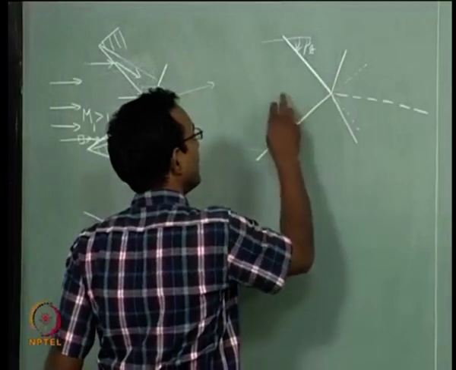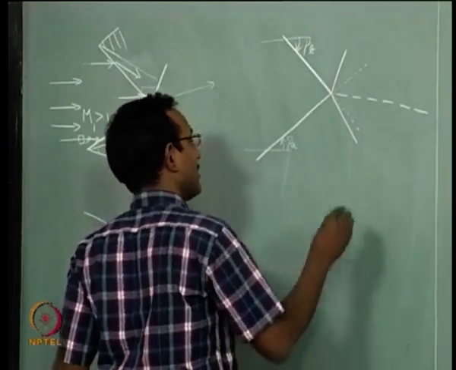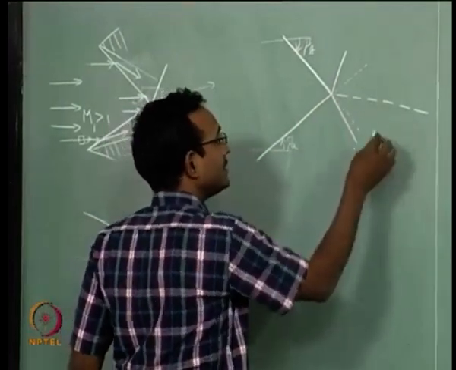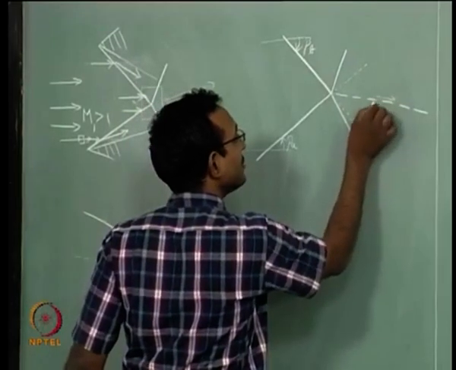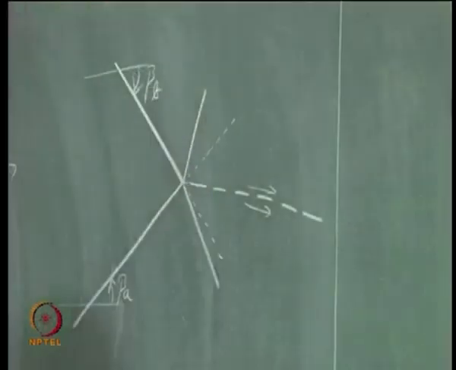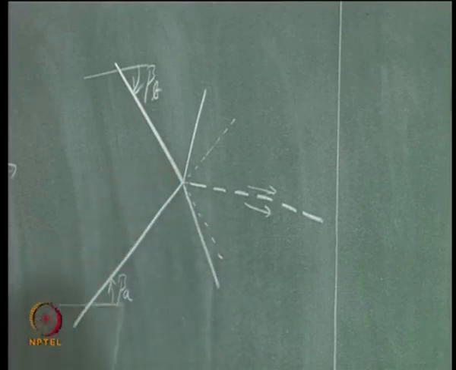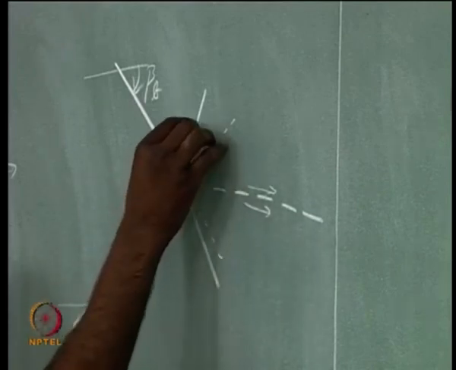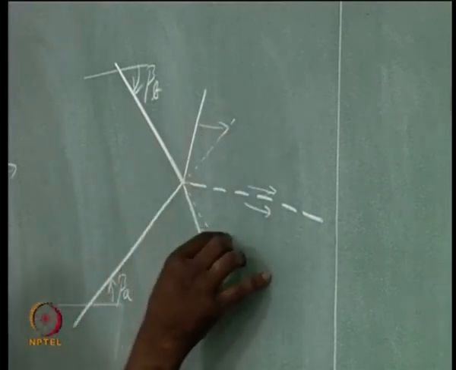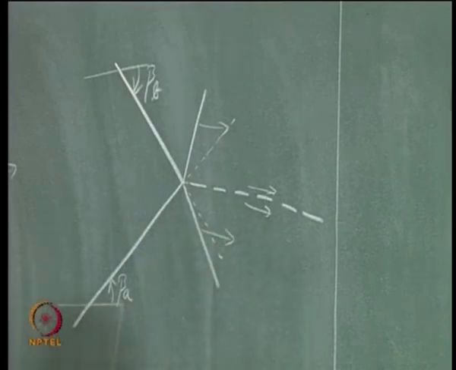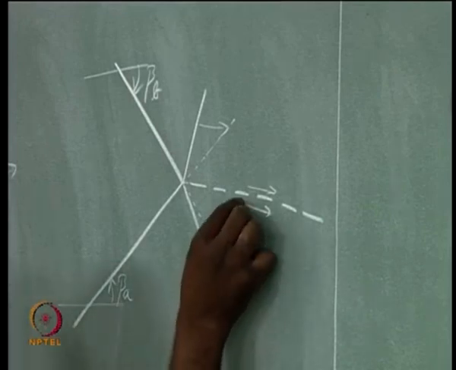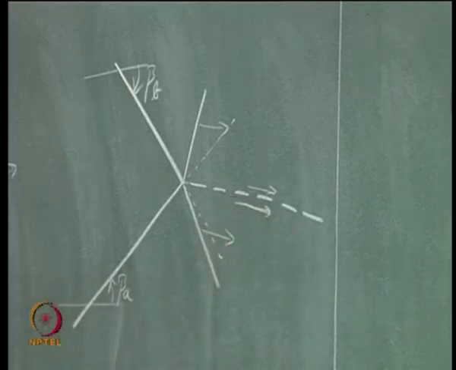But this is how it is going to look. I have drawn this line. This is the final streamline direction after this interaction. After this interaction, all the flow will have that particular streamline direction. I am just making sure that I am telling only direction and not the vector magnitude. Vector magnitude will be different for different cases.